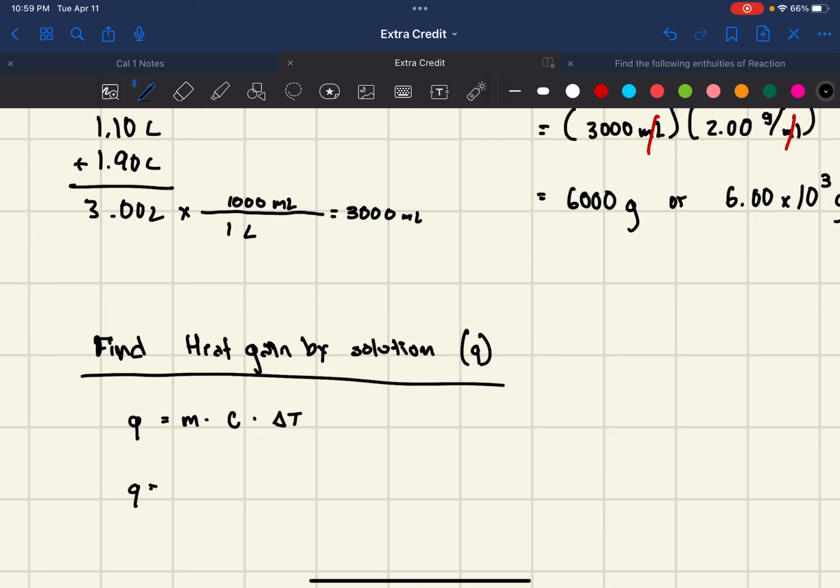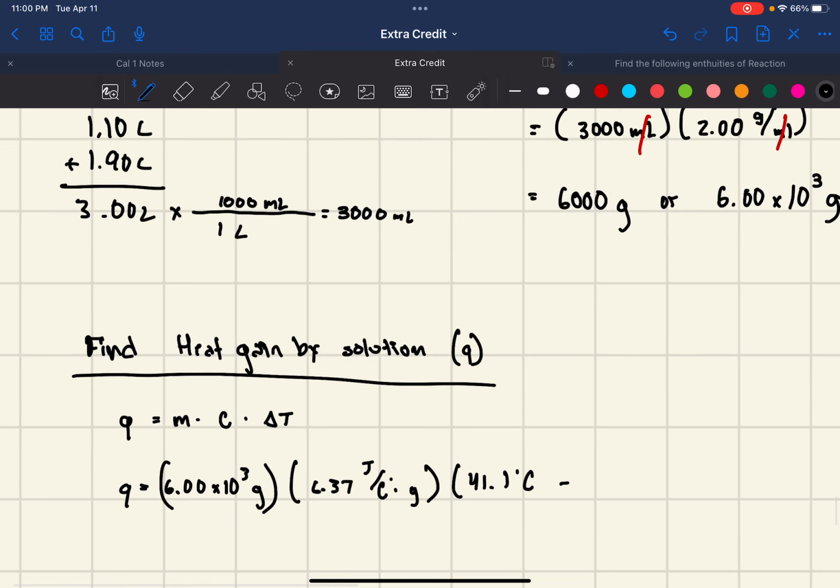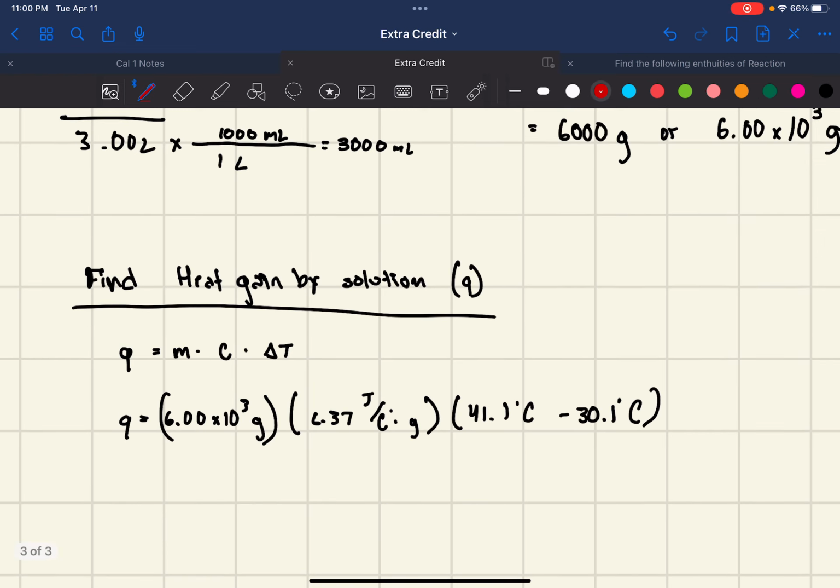Q equals 6.00 times 10 to the third grams, times the specific heat of 6.37 joules per Celsius per gram, times delta T, which is 41.1 Celsius minus 30.1 Celsius. So first, let's cancel out our units.